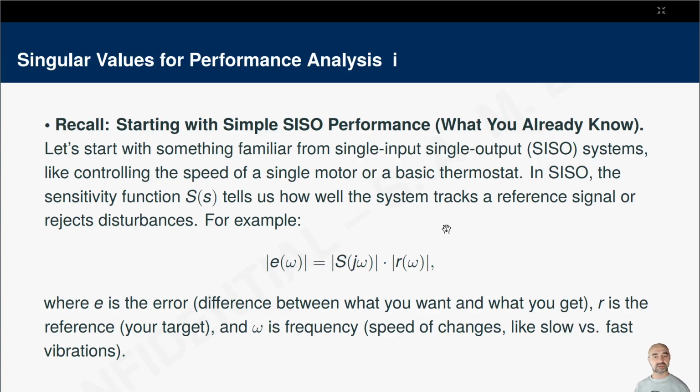And that makes sense if the change occurs very slowly. The system has an easier time to adjust to the reference, to your desired reference. Tracking is good, the system follows closely, and that makes sense, right?